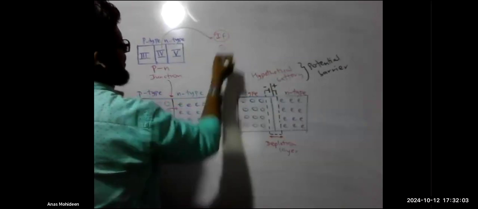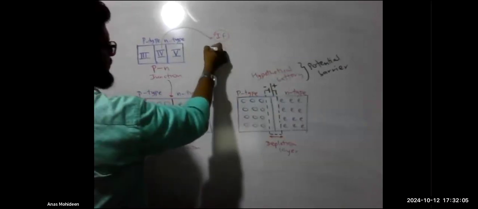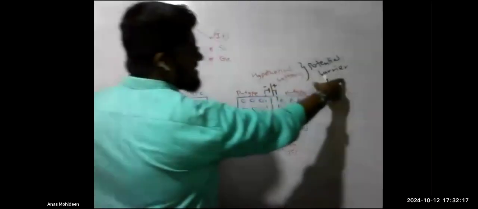Okay. So now let's say if this person is there, the fourth group is there. If this fourth person is silicon, it may be silicon or germanium both, right? Let's say if this fourth person is silicon, then you know how much this potential barrier is.